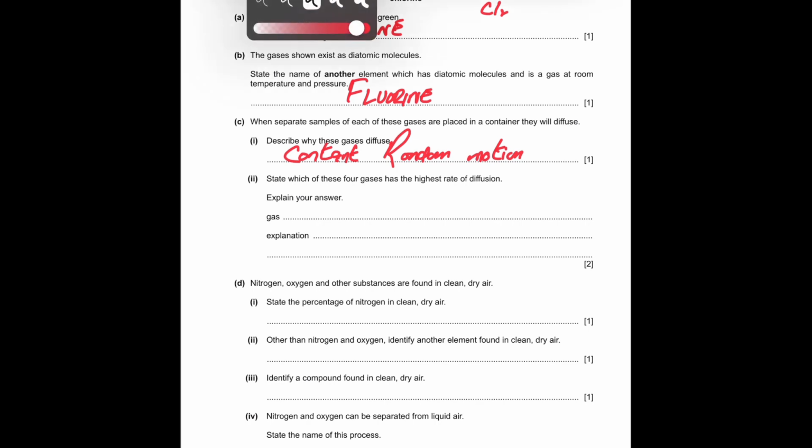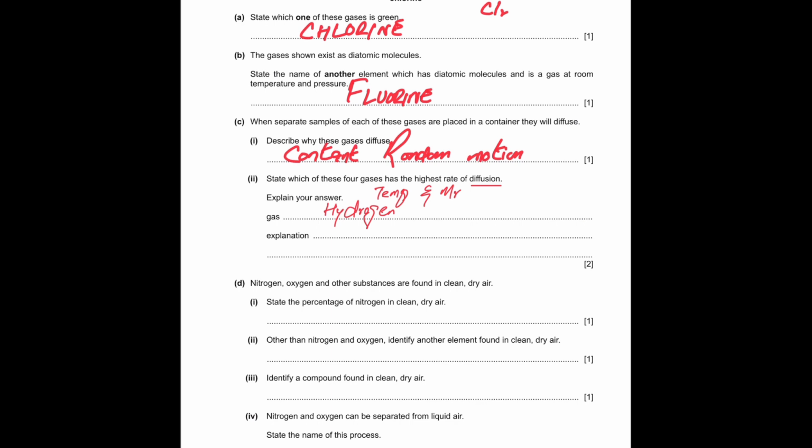Next one is, state which of these 4 gases has the highest rate of diffusion. The factors that affect diffusion are temperature and molecular mass, basically the relative molecular mass, Mr. So here the gas is hydrogen. Why hydrogen?